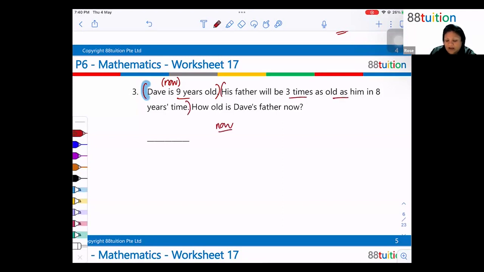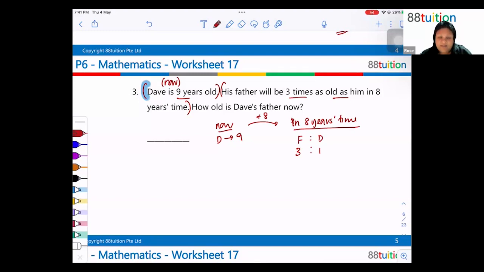So that means if now Dave is 9, I plus 8, in 8 years' time his father will be 3 times as old as him. But how old will Dave be? Now Dave is 9. In the future, in 8 years' time, this 1 unit will be 9 plus 8, which gives me 17.